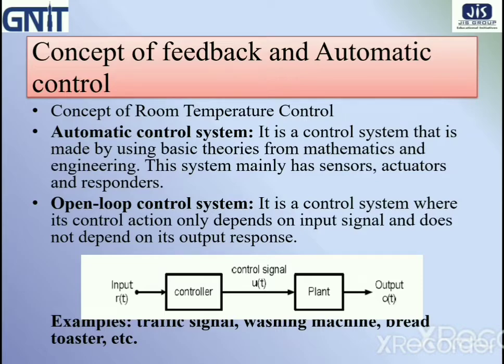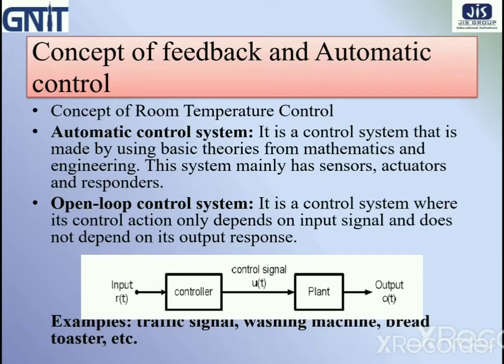There is no control of the output on the input. That means the output temperature has no control on the input temperature or the heating element unit. So this is an open loop type control system.